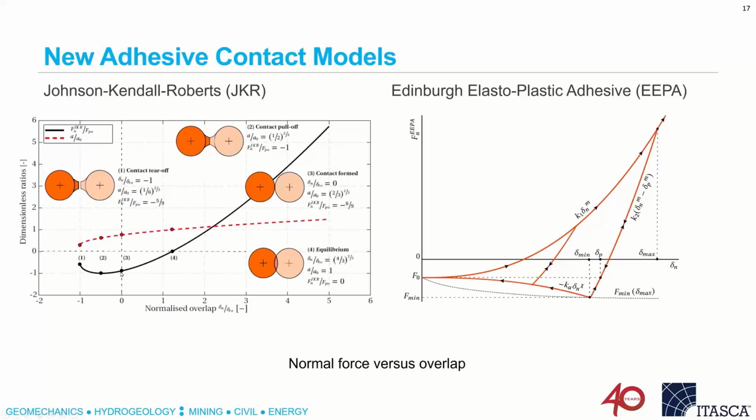Then the JKR model has a nonlinear elastic formulation, similar to the Hertz model, but is also able to sustain tensile forces up to a tear-off distance where the contact will break. The EEPA model has a hysteretic formulation, so different stiffnesses in loading and unloading, to account for energy dissipation by plasticity.